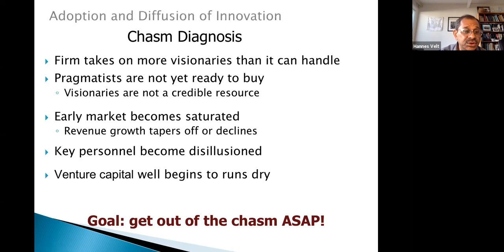So once you've recognized that your product or service may be in a chasm, you have to get out of it. Can any of you give me an example of a product or service that currently is in the chasm?